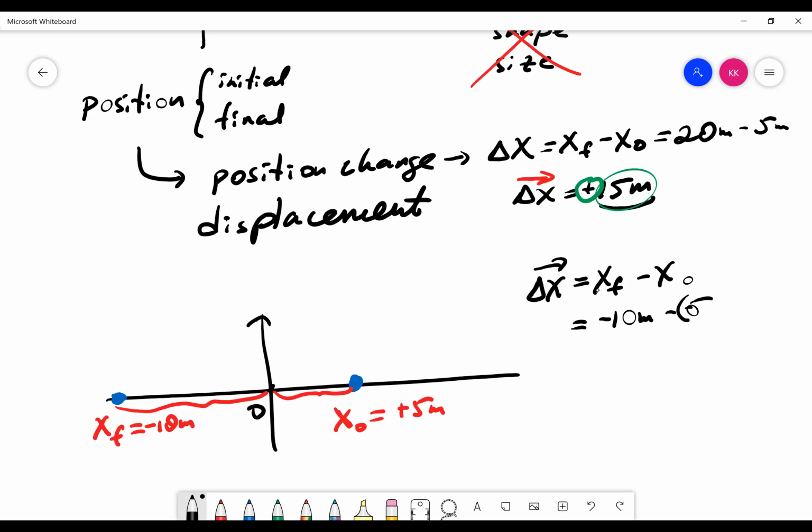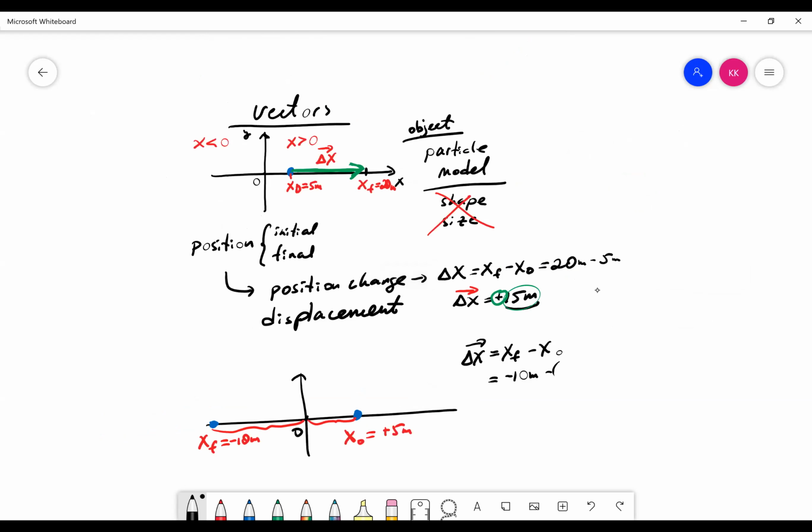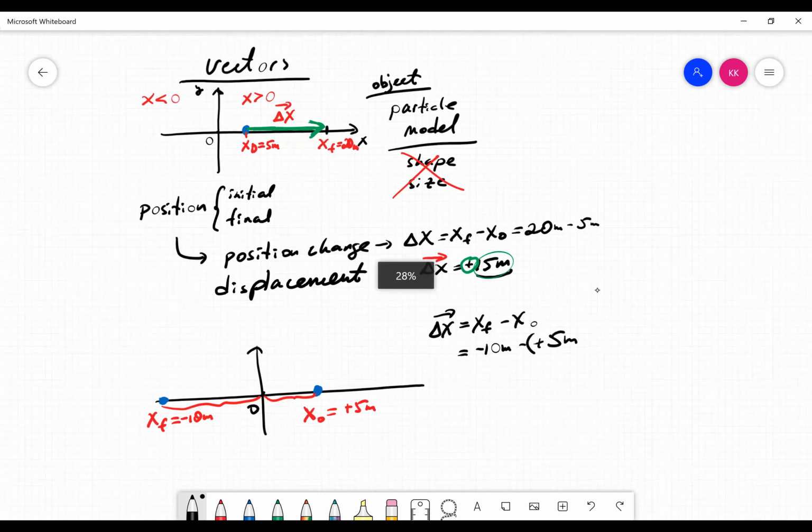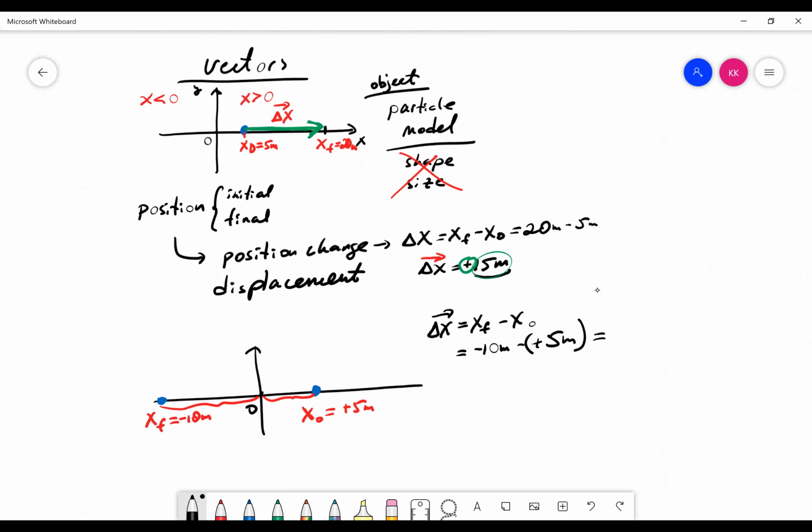So what I get here is negative 15 meters, which means I'm getting exactly the same 15 meter magnitude for my delta x.